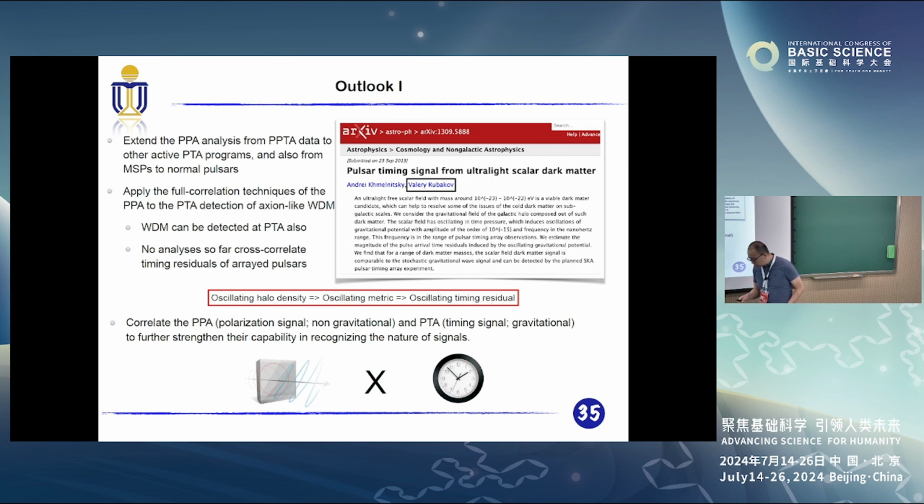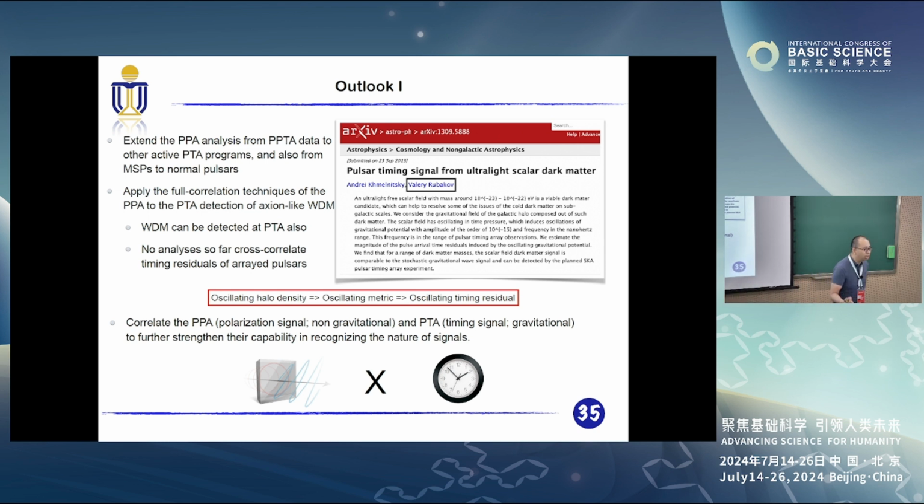But actually, sometime after that, our astronomer colleagues told us that probably it is better to use normal pulsars to construct a pulsar polarization array. And there are a couple of reasons. The first reason is there are many more normal pulsars within our galaxy which have been stably monitored.